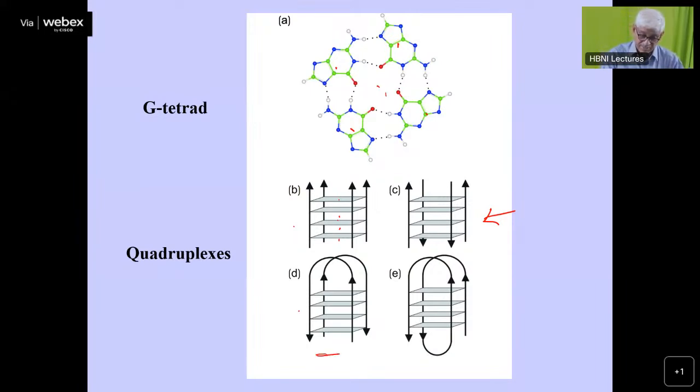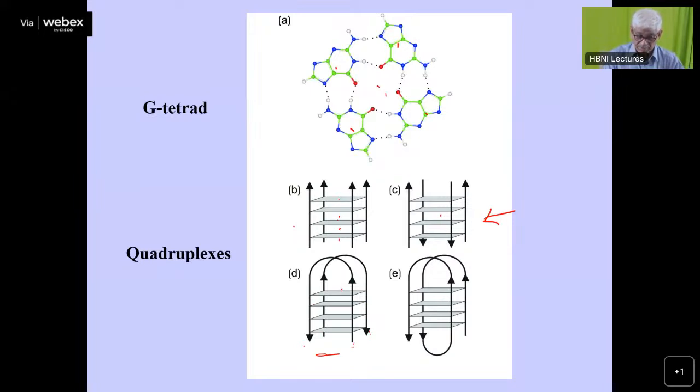One of them is going like this, the other one like that. So this is anti-parallel. It is similar to this, except that there is a loop connecting in between. That means the chain runs like this, then takes a loop and comes down here again. And the other chain goes like this, then takes a loop and comes down again.